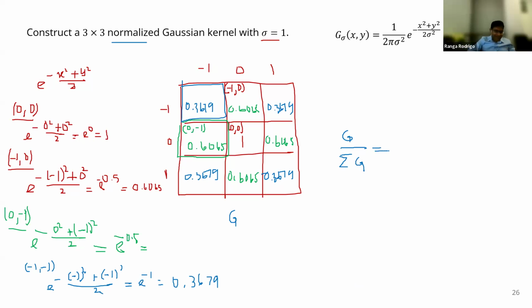So let me do that for this one. 0.3679 times 4 plus 0.6065 times 4 plus 1. That's the sum. Sum is 4.8976, and on top of that you have this kernel, 3 by 3 kernel.